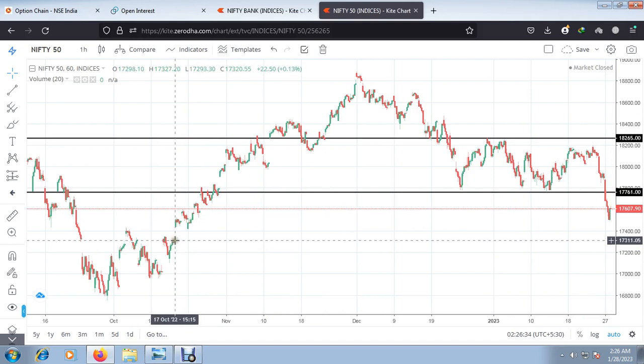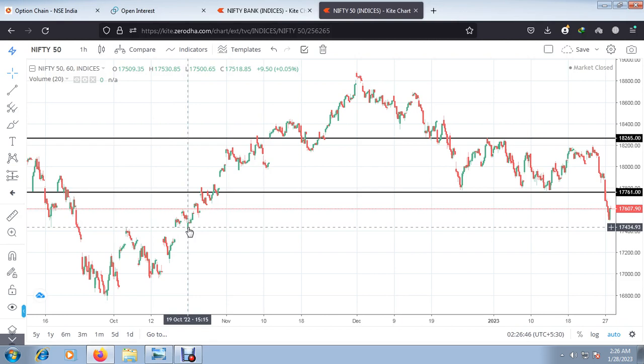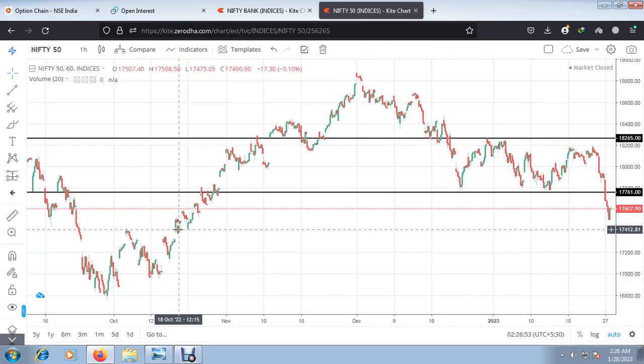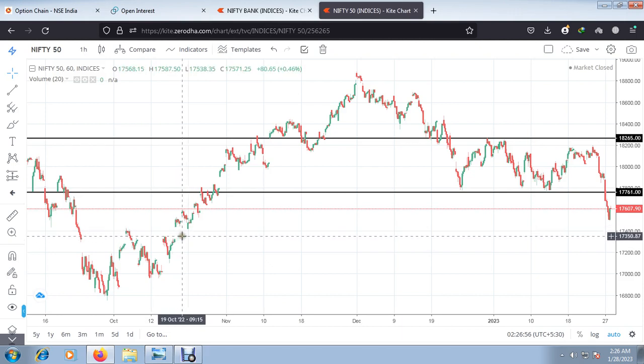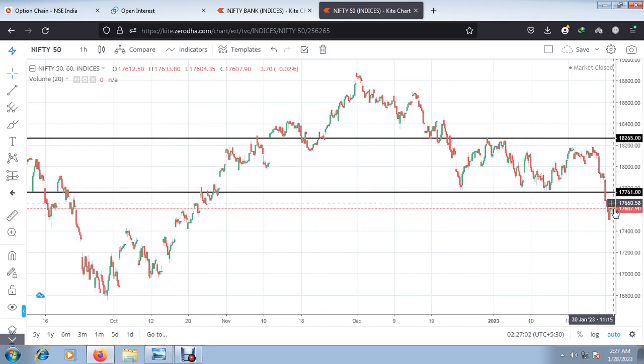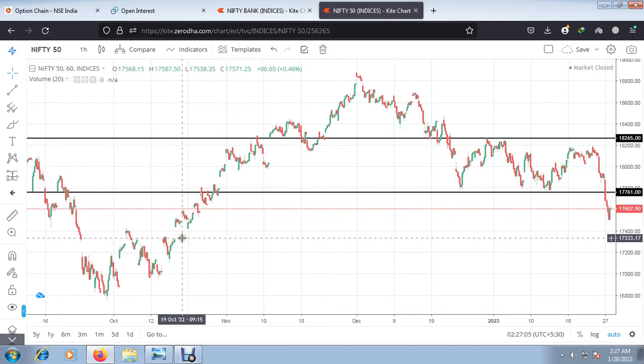The closing value was around 17,320, and the low was somewhere around here, 17,400 something. So between 17,300 and 17,400 there is a gap of 100 points. There is a highly probable chance that Nifty can come down again and fill this gap.